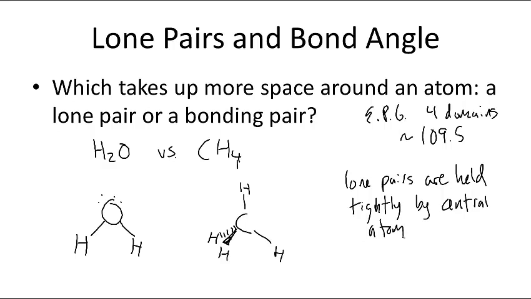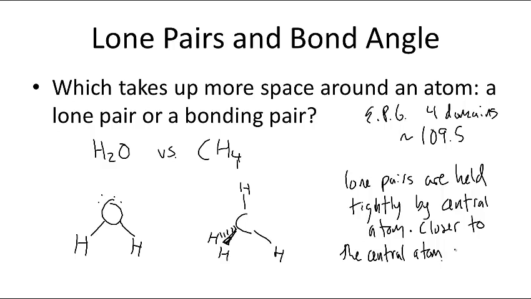So the lone pairs in water are held very tightly to the oxygen, which means they are closer to the central atom. And if they're closer to the central atom, those electrons are closer to each other. So what do we get when electrons are close to one another?